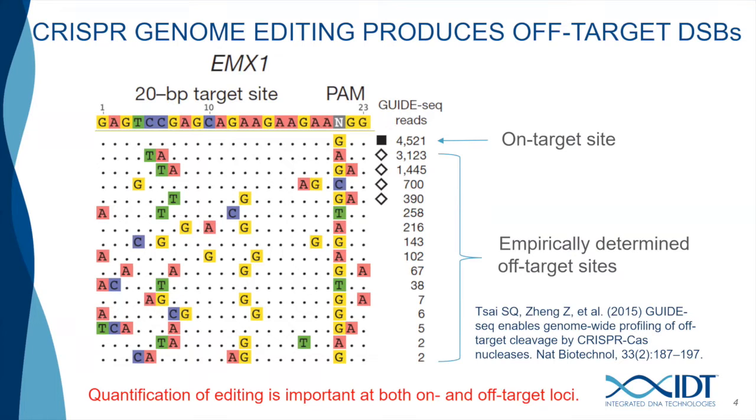And here's a common output that shows the on-target site, the level of NGS reads you're getting, and all other potential off-target sites where we're detecting that tag. So this is a common method and technology used to determine where there's potential risk of off-target editing associated with your CRISPR cargo.